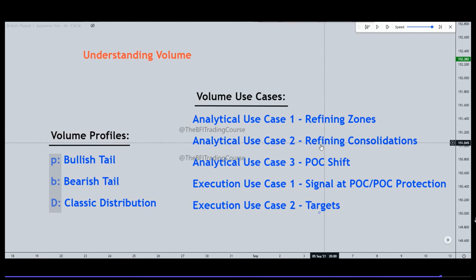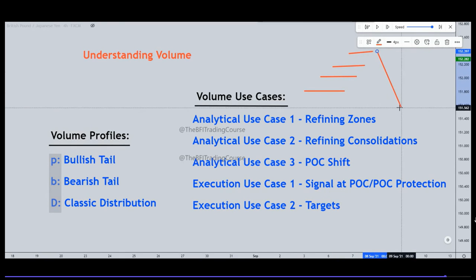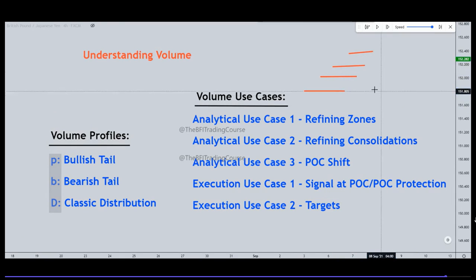You can use it to draw the consolidation and understand where the heaviest part is of the consolidation and how price may react to the liquidity above and below it. You can look at the POC shift and see if the POC shifted higher and then was completely engulfed, and there was a signal that printed at the POC.